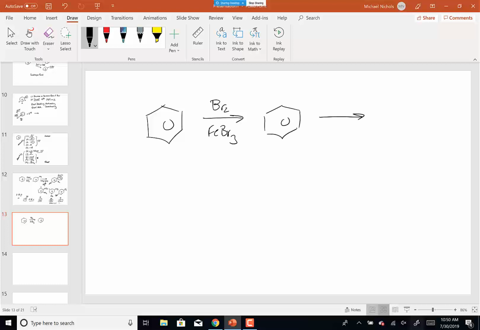And then let's add ClC double bond CH3 with aluminum trichloride. So why don't you go ahead and write the final product on your board.